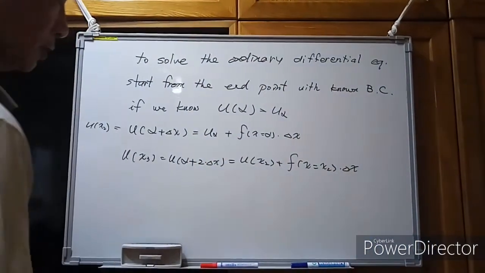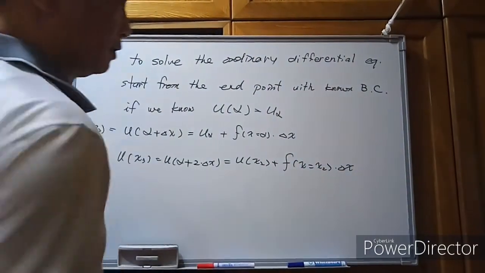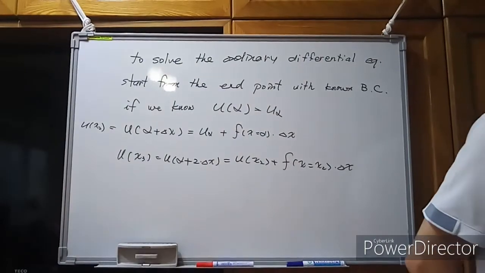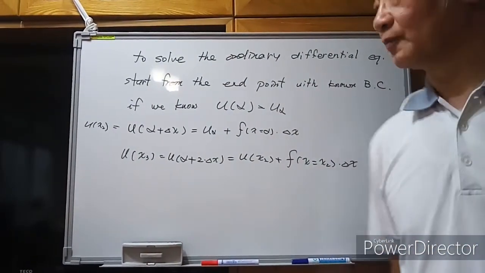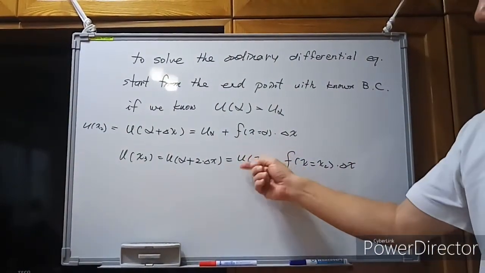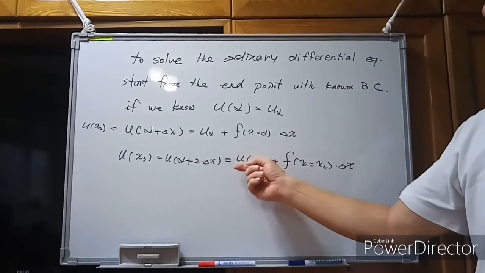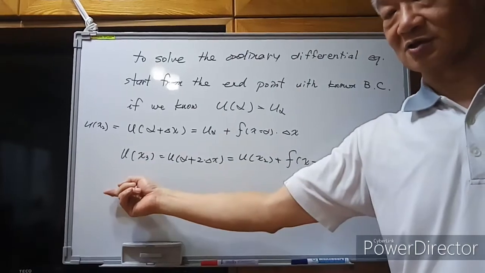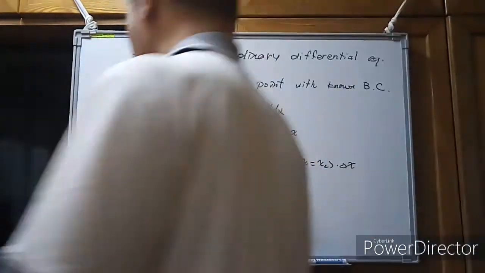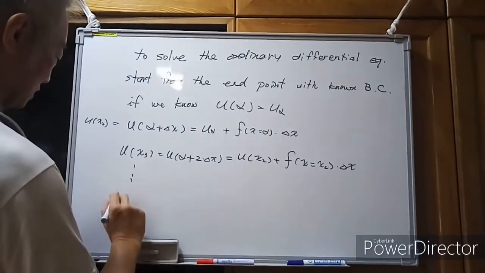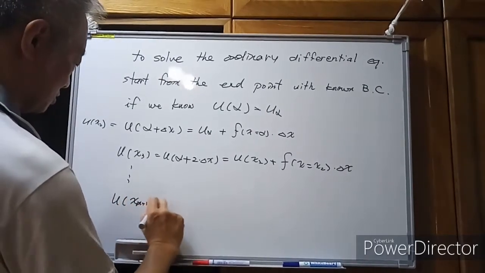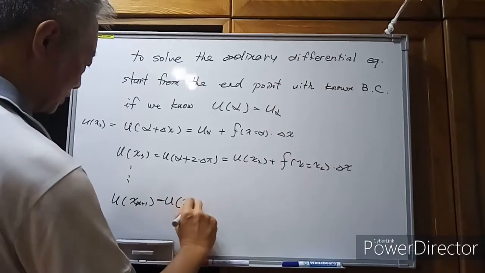Then we need to use the f of x2 times delta x, plus the solved u of x2, to get the u of x3. Then we can continue this procedure until u of x n plus 1, u of x equal to beta.